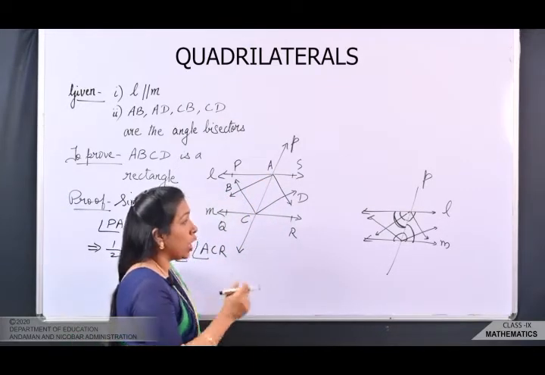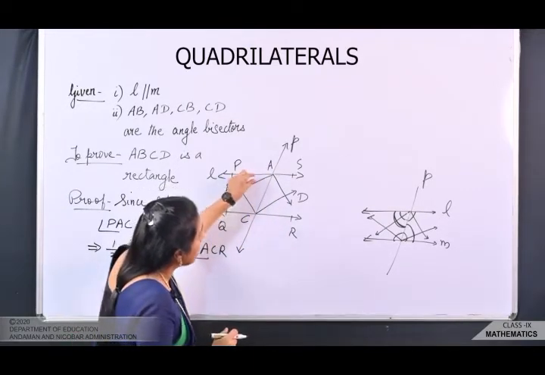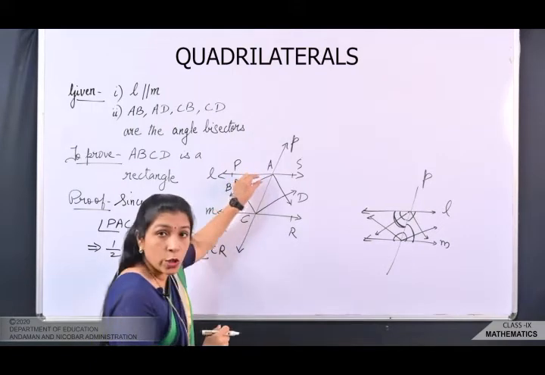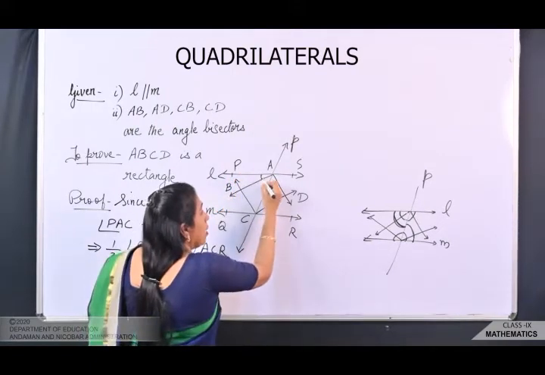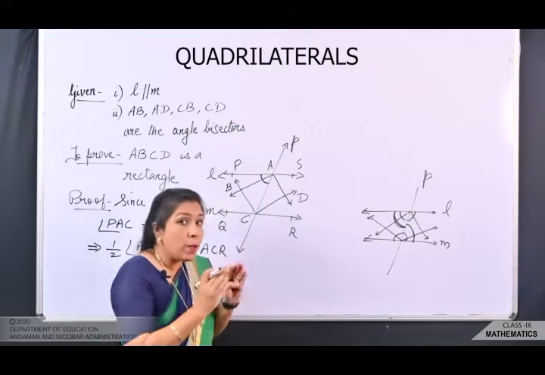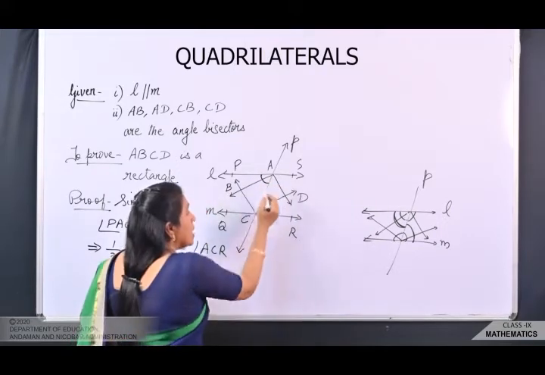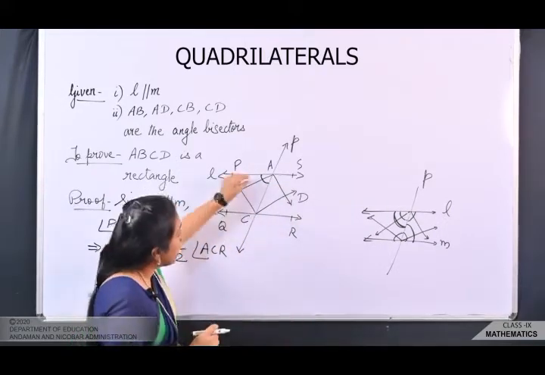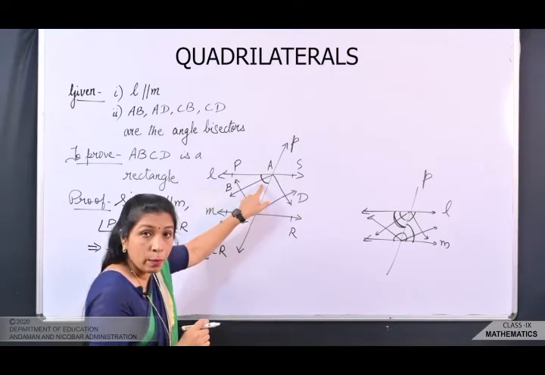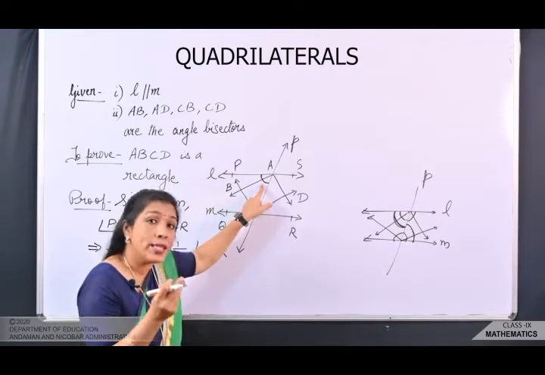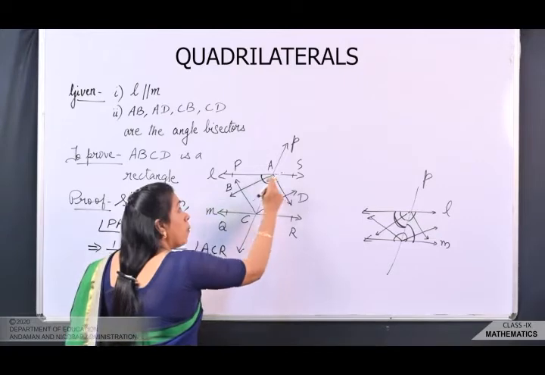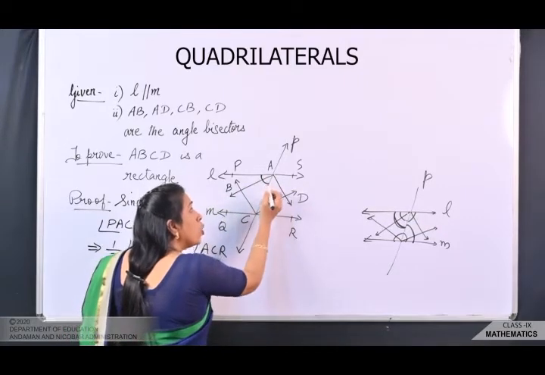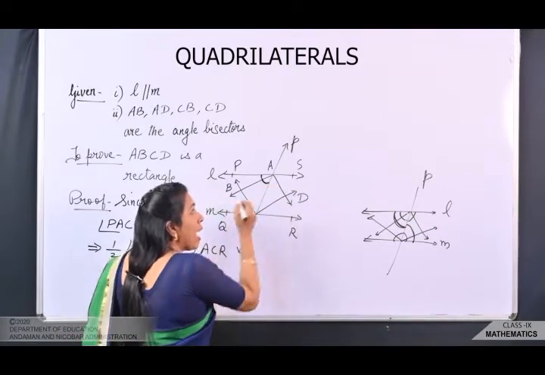Isn't it? Okay, which means this angle and this angle are equal to each other. ये angle और ये angle आपस में equal हैं, तो PAC का जब आधा होगा, आप ये angle भी लिख सकते हैं और ये angle भी लिख सकते हैं, लेकिन हमें कौन सा angle चाहिए? We are talking about this quadrilateral, so we require this interior angle.